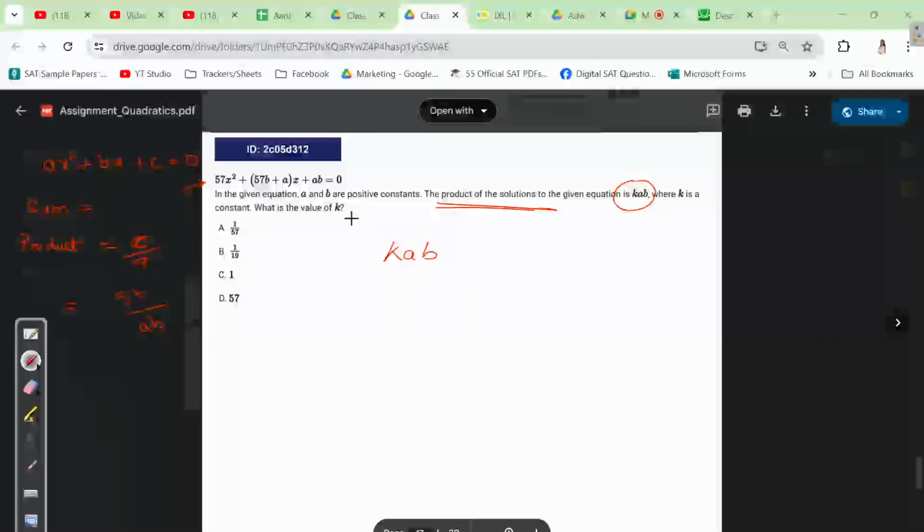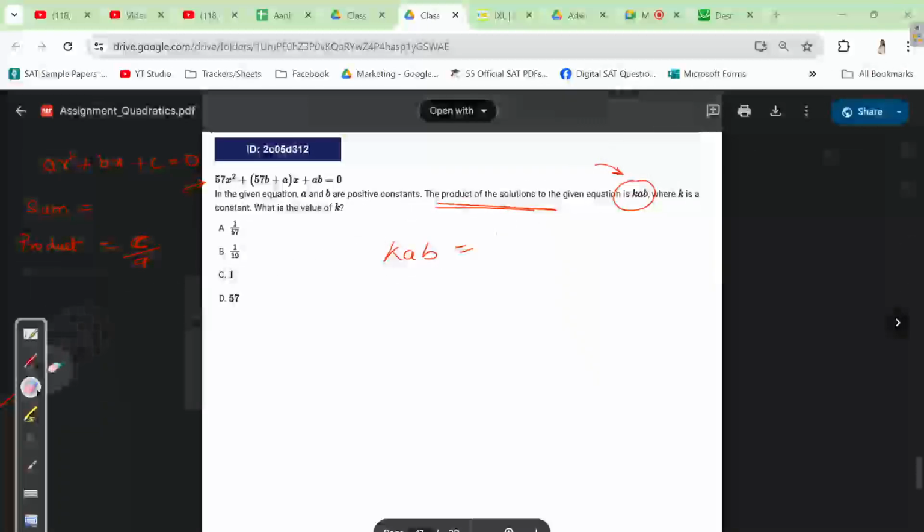Yeah. And they have given the product as this. So I can set this equal to 57 over ab. Why is it 57 over ab and not ab over 57? Because your formula is c over a. Oh, sorry. Yeah, my bad. That's my mistake.